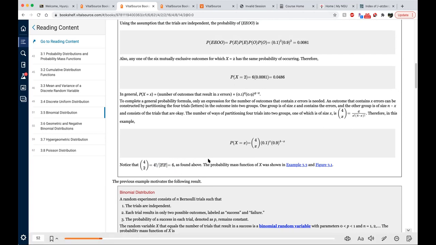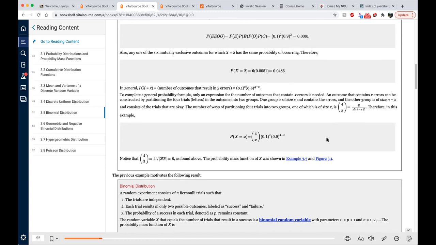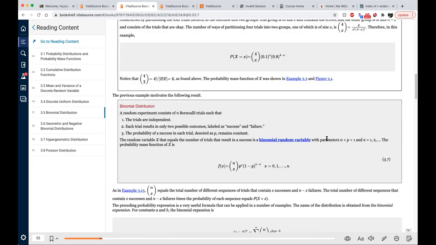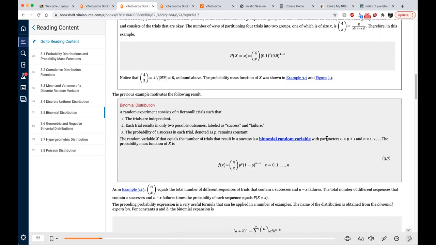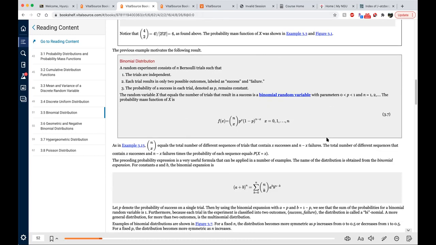I recommend you memorize the formula of the combination. That's good. But even if you don't memorize it, it's okay because you can figure it out by using a calculator. Now let me see this one. Next one.